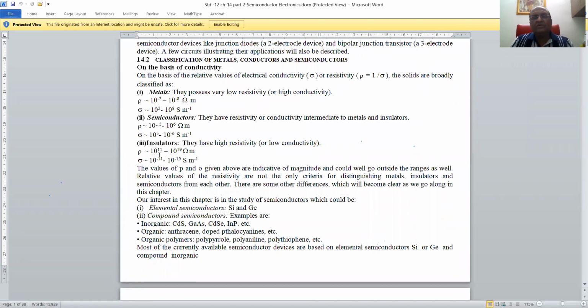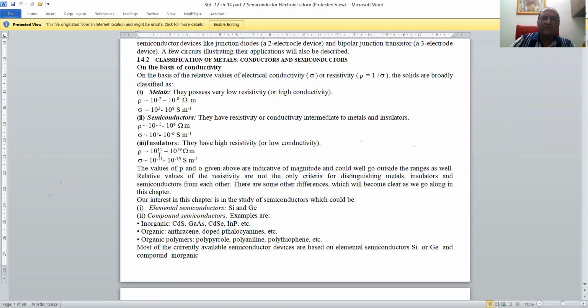Here in this particular chapter, we will concentrate our mind only on the semiconductors. And semiconductors are further categorized in two categories: elemental semiconductors and compound semiconductors. Elemental semiconductors are silicon and germanium, and compound semiconductors are also of three types: inorganic, then organic polymers, and organic.